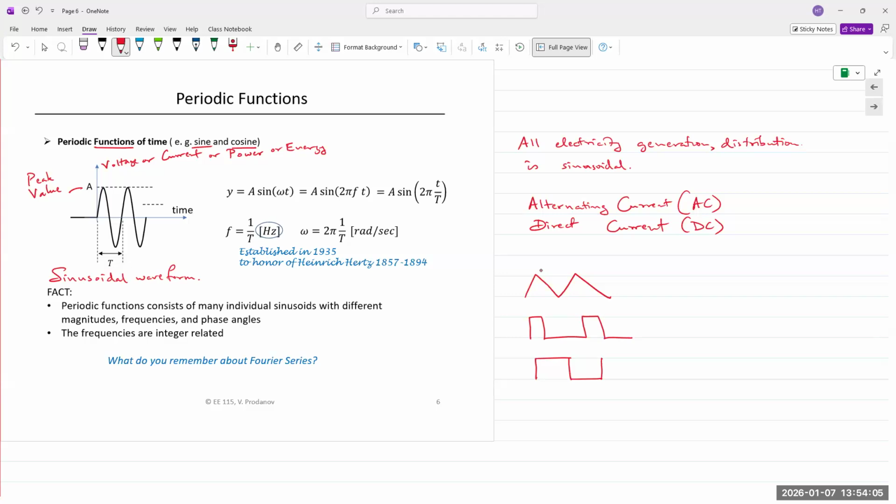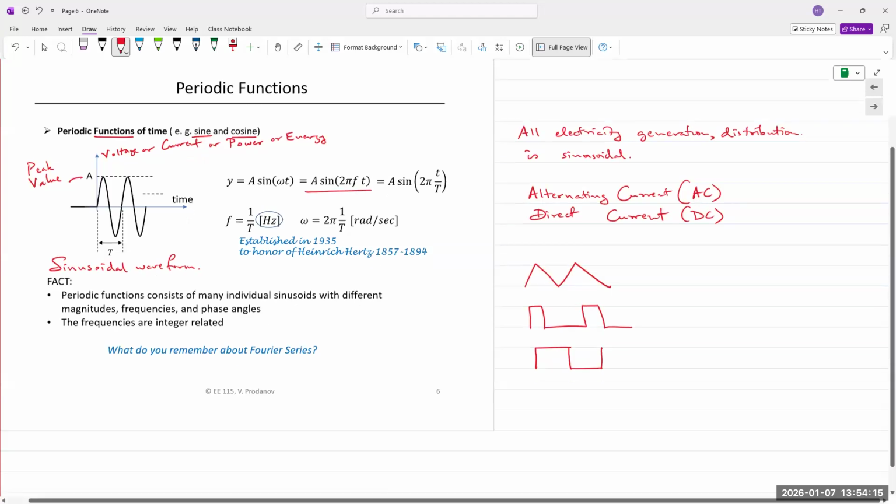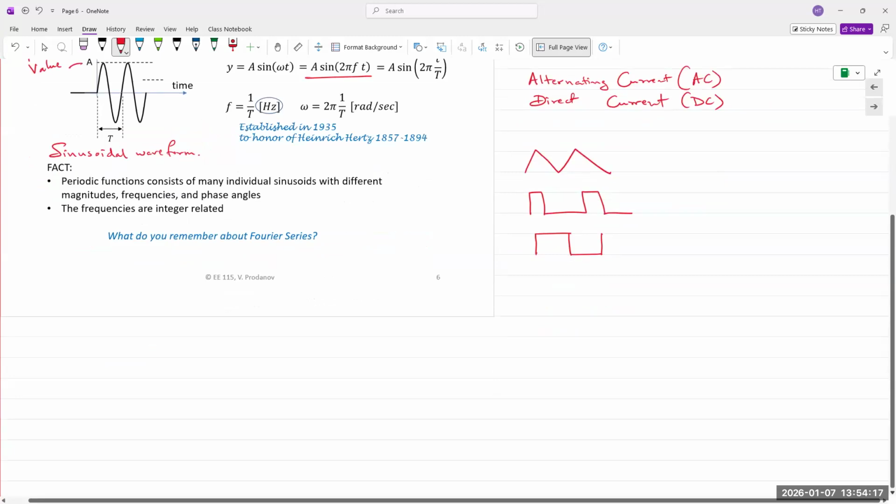So let's talk about this mathematical equation right here. We have A sine omega t. The omega comes from the fact that it's a unit circle.